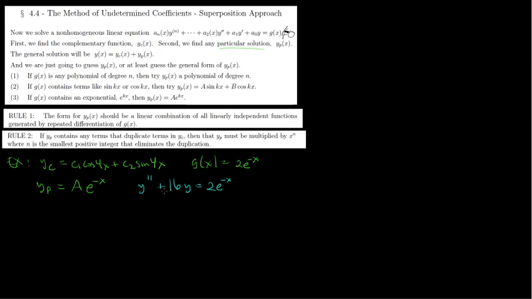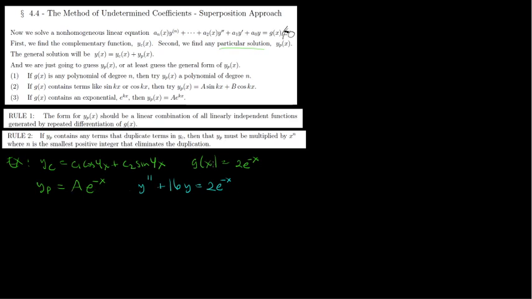So when you solve the complementary or the homogeneous version, you get this solution, and then for your g of x, you're going to pick yp to be this. And then maybe we'll just work this out. If this was the original equation here, what would a be?